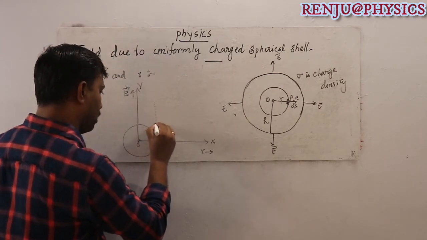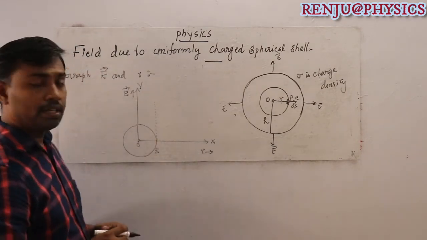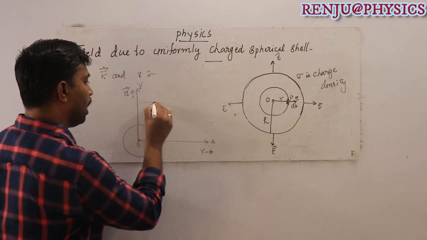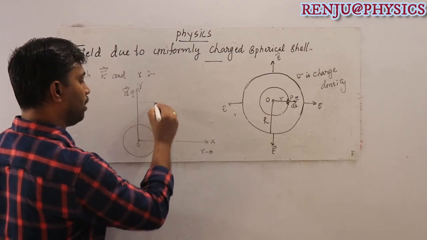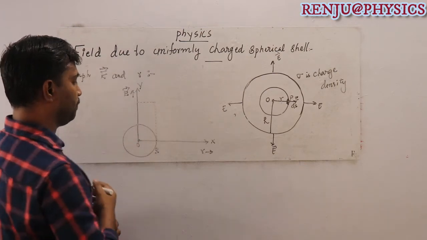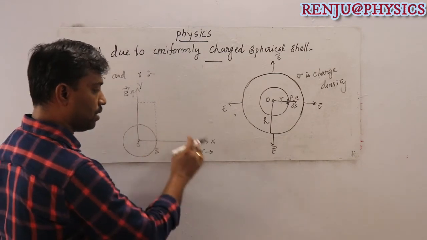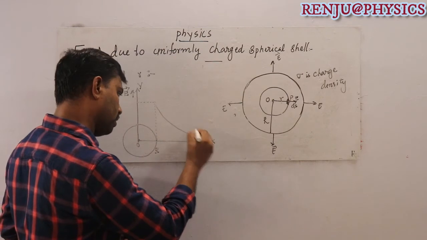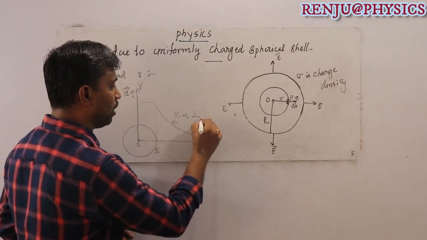So from 0 to R, the electric field intensity will be 0. Up to this point, the electric field intensity is 0. At this point on the surface, the electric field will be maximum. As the distance increases, the electric field intensity varies. In this region, E is proportional to 1 by r square.